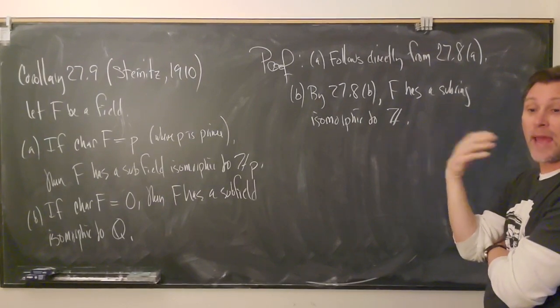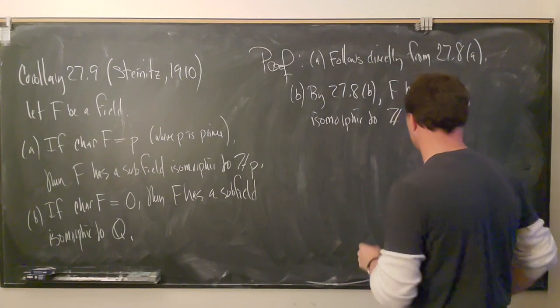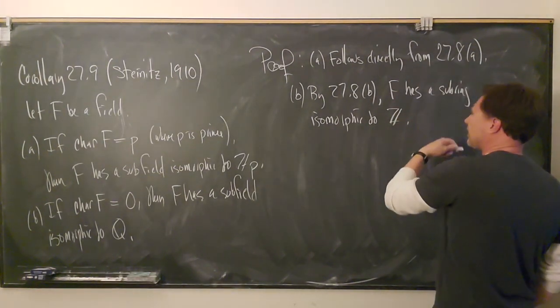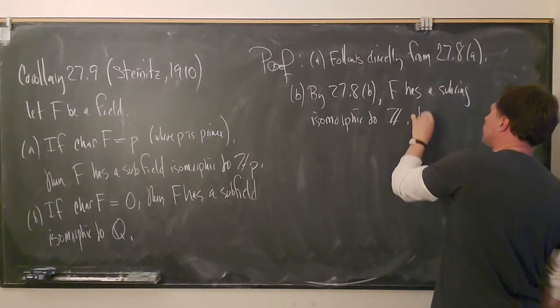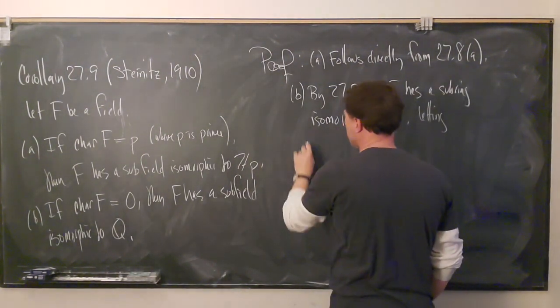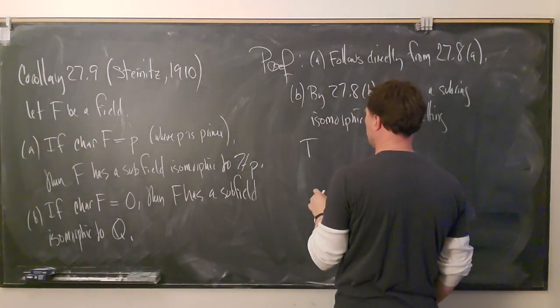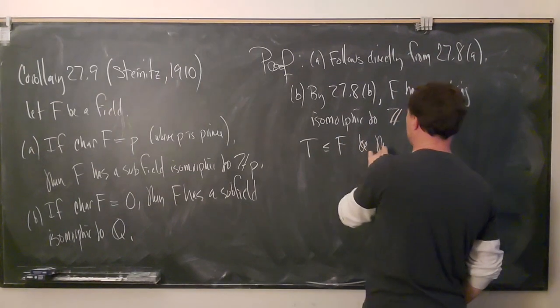Every integral domain has a corresponding field of quotients. This is from chapter 21, I think. So letting T inside F be, you've got to be a little bit careful here.